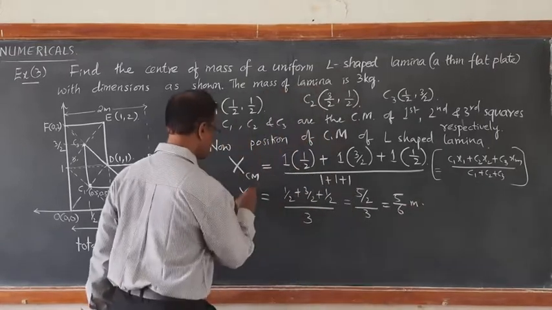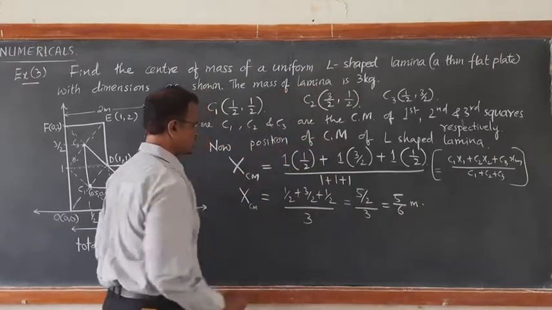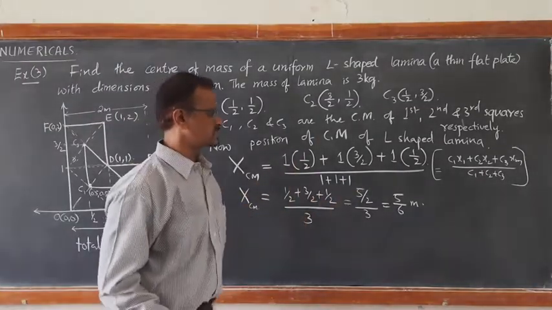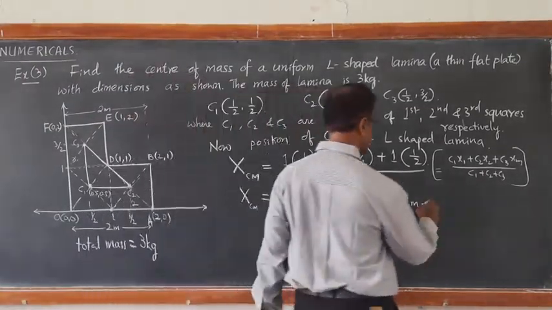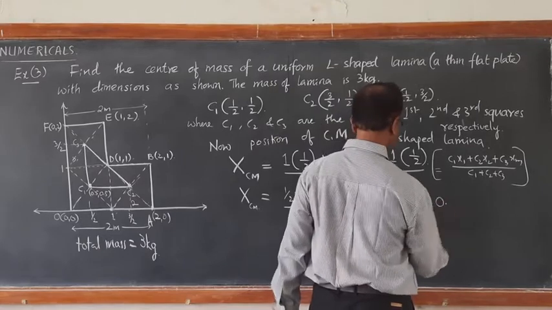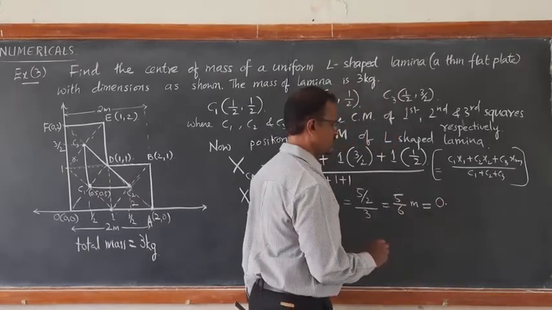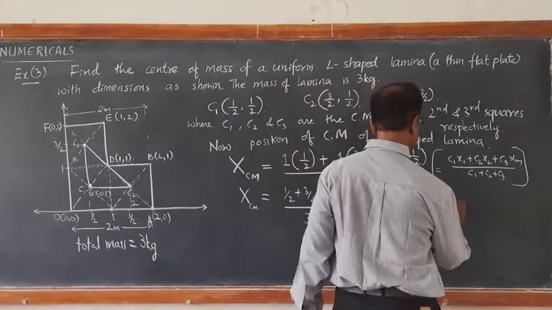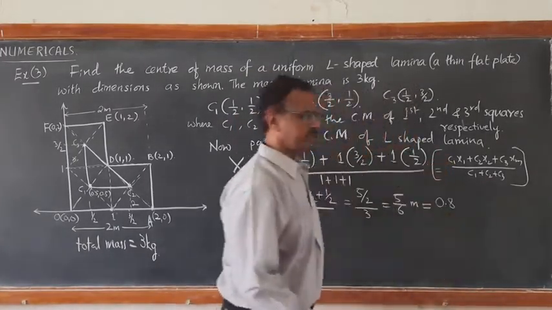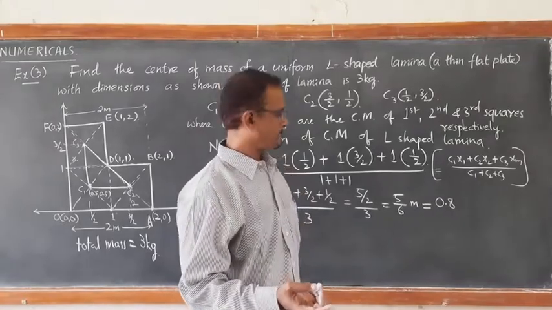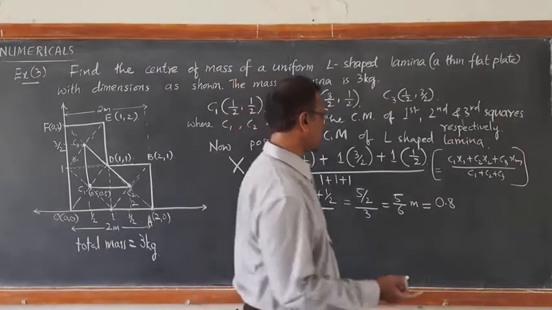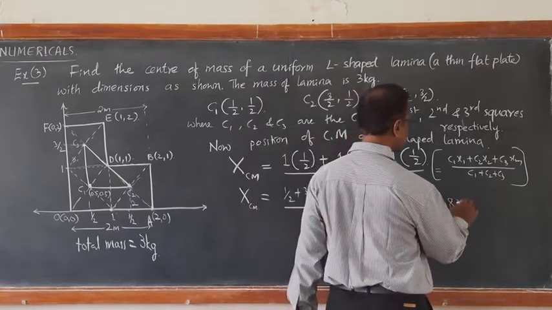So XCM, that is the x coordinate of center of mass, becomes 5 by 6 meter. So in terms of decimals, 6 4s are 24, 6 8s are 48, then 6 2s are 12. So nearly 0.83 you can say.